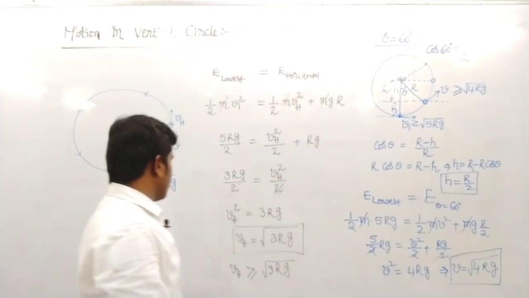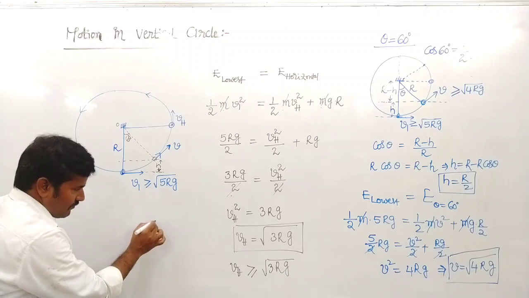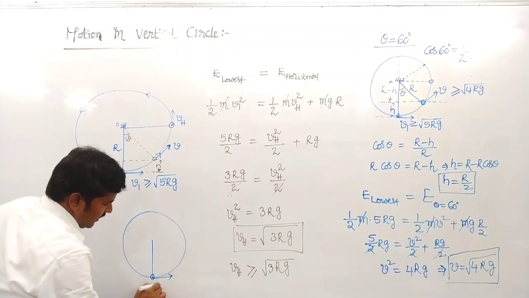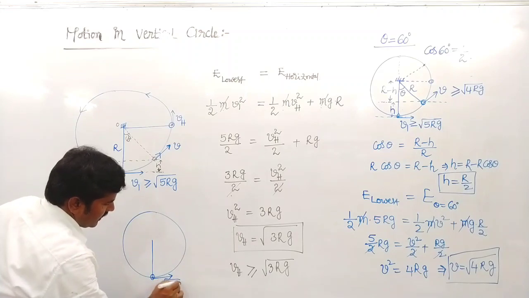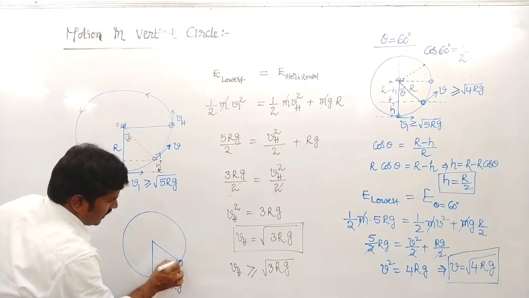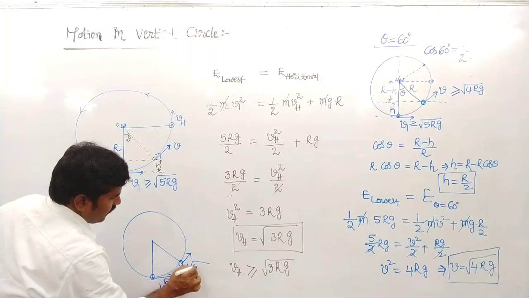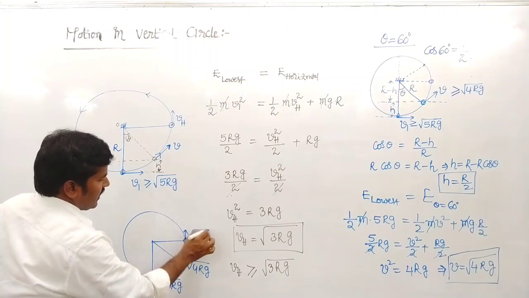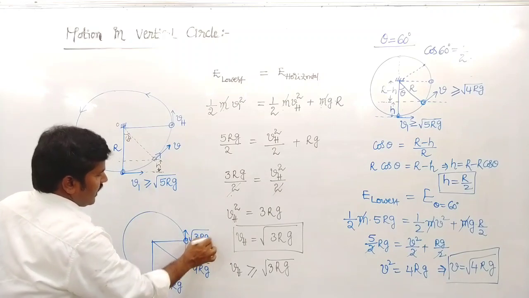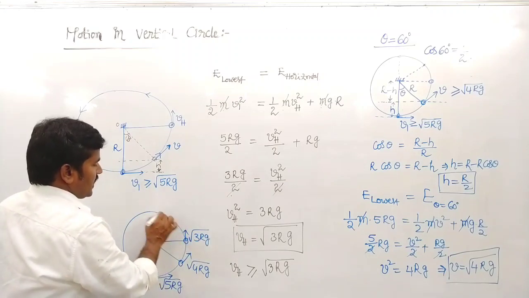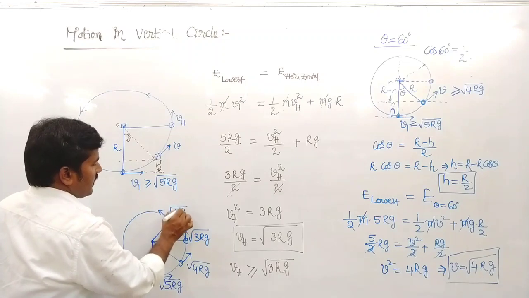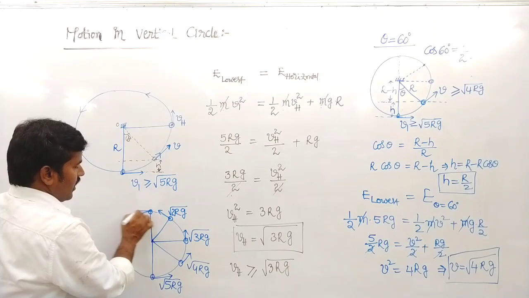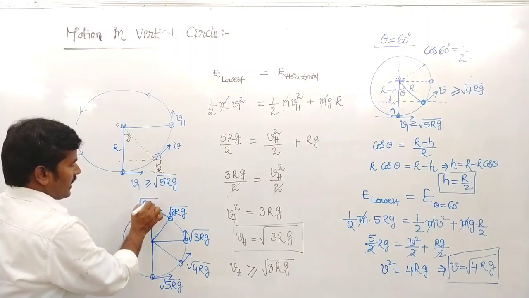That means in this vertical circle, just observe: at the lowest position the minimum velocity is root 5 rg, at the 60 degree position root 4 rg, at the 90 degree position root 3 rg, at the 120 degree position root 2 rg, and at 180 degrees root rg.